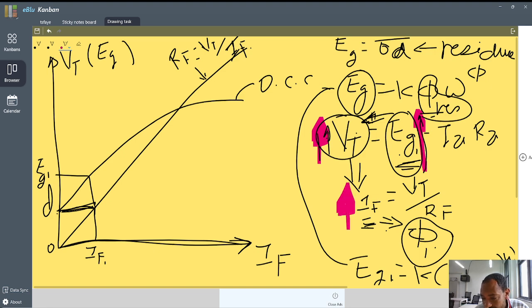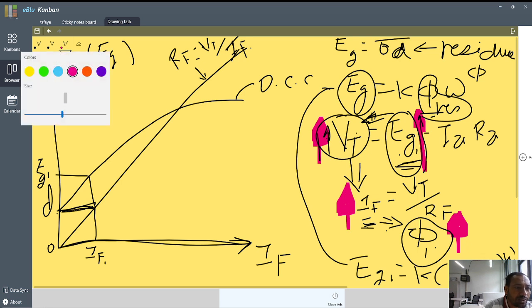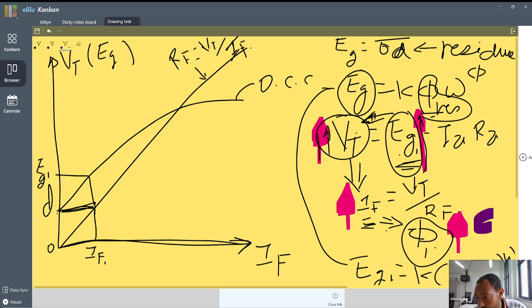If IF increases, it produces another flux inside the machine. This flux may be phi 2. The newly increased IF produces some current.